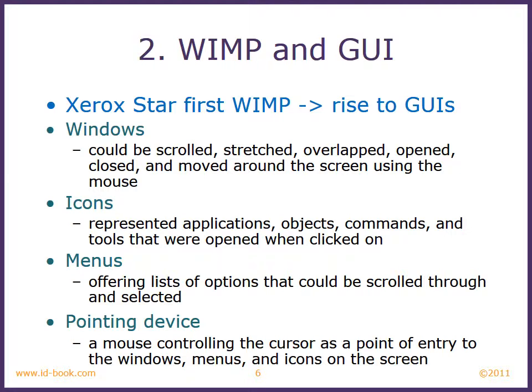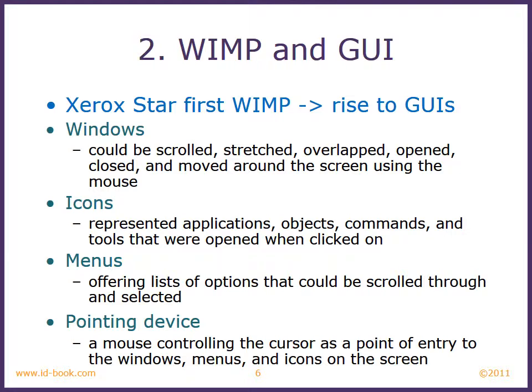So the number two category is WIMP and GUI, basically windows, icons, menus, and pointing device, which was started by Xerox and later on gave rise to the GUI, which we all are very much familiar with.